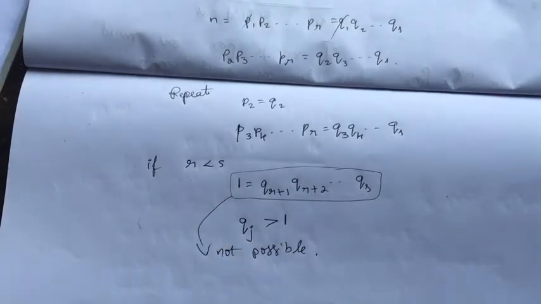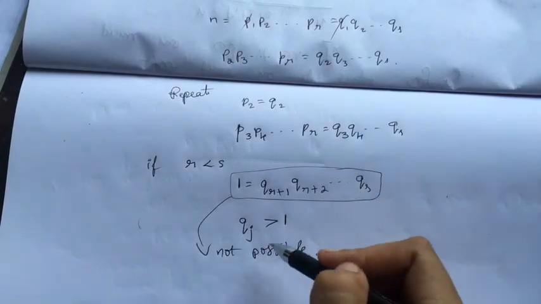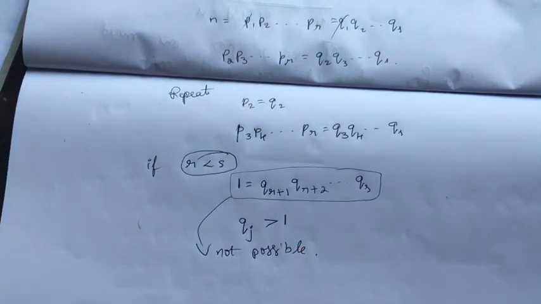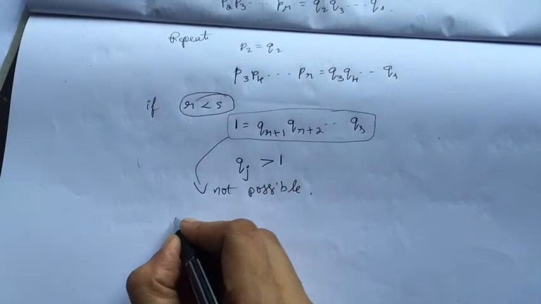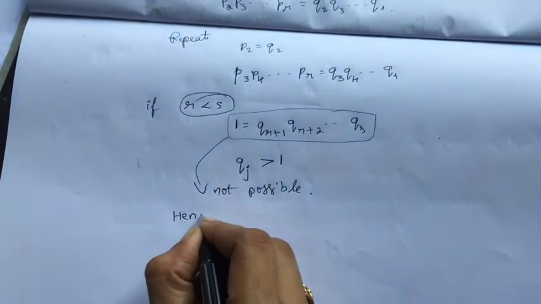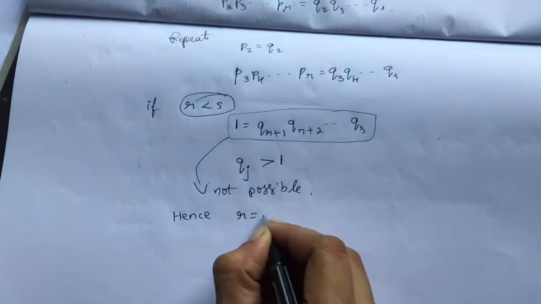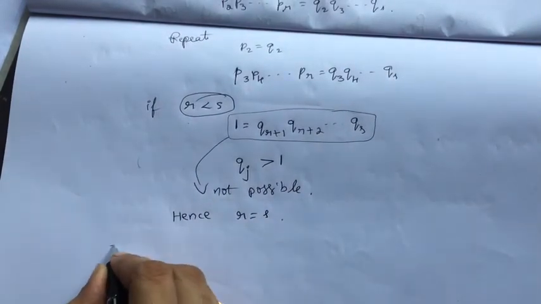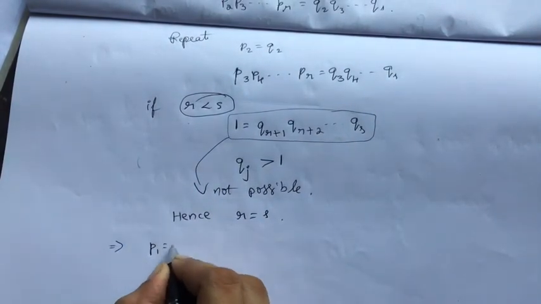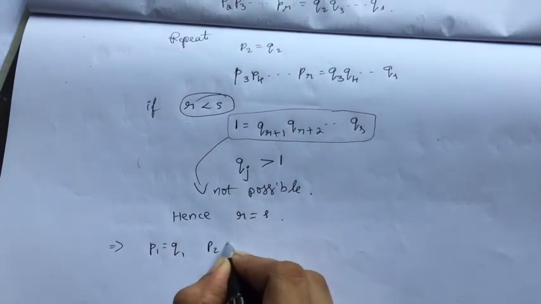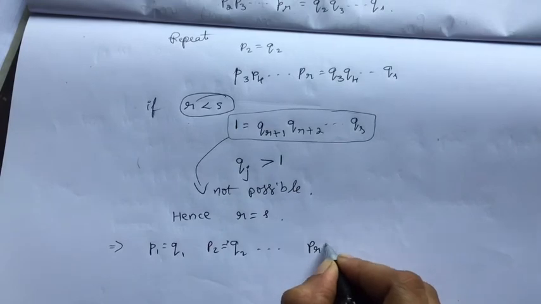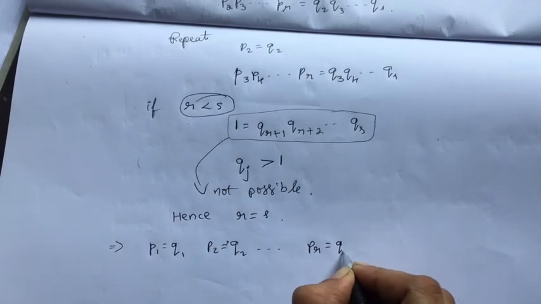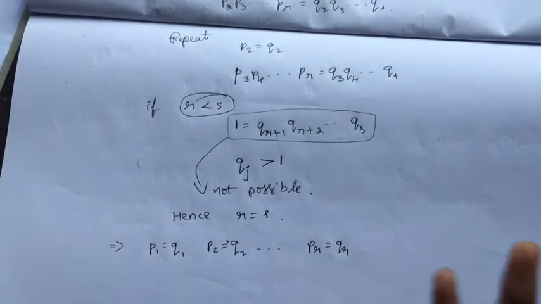I cannot get the product of primes as 1. So what is true? R should not be less than S; R should be equal to S. Hence R equals S. So this implies P1 equals Q1, P2 equals Q2, ..., PR equals QR, with R equal to S, so it's okay.